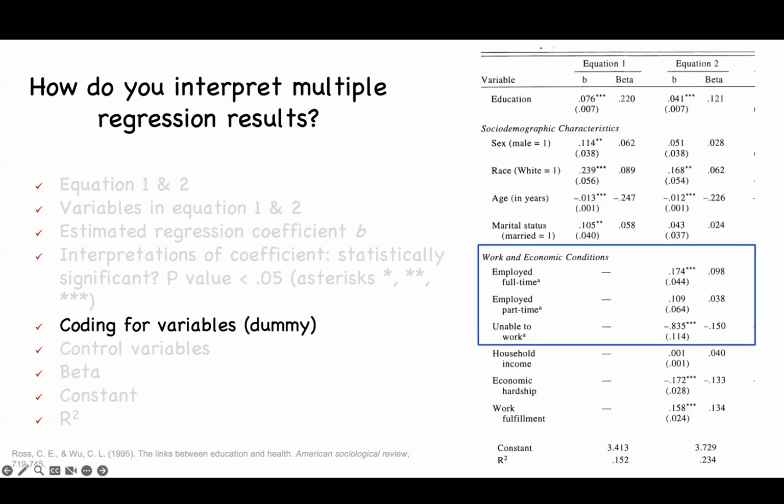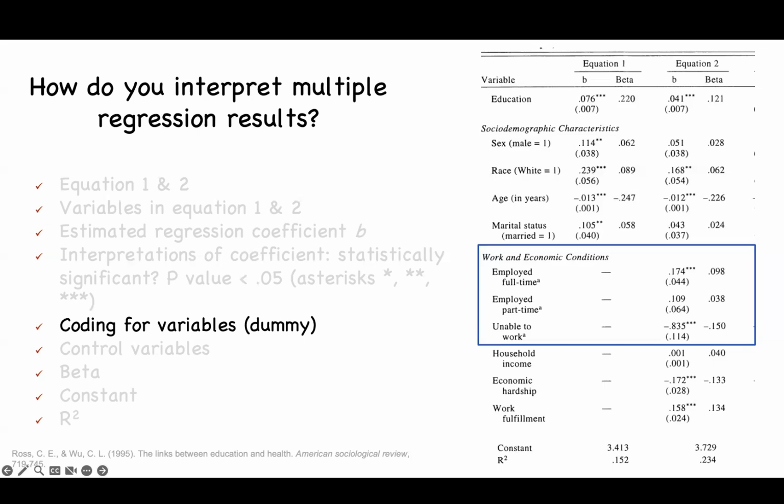It adds more variables that describe work status and economic status. Take the employment status variable as an example. It includes 4 categories: employed full-time, part-time, unable to work, and not employed. You will find this information in the article, but not in this table. Therefore, we choose one category with a relatively larger number of people as the reference and leave it out of the model.